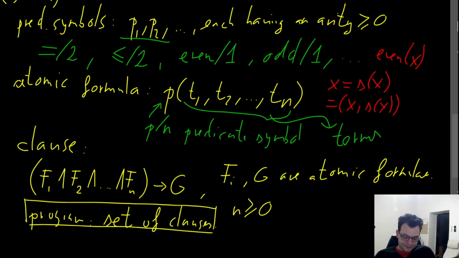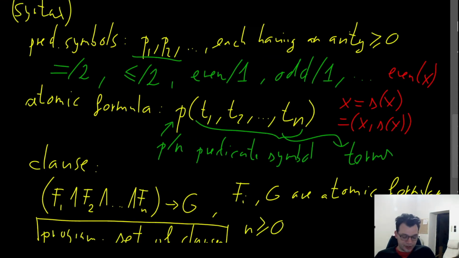And we should now define the semantics of a logic program, and I will do that. The semantics is just the meaning of a program, the possible meaning of a program at this point.